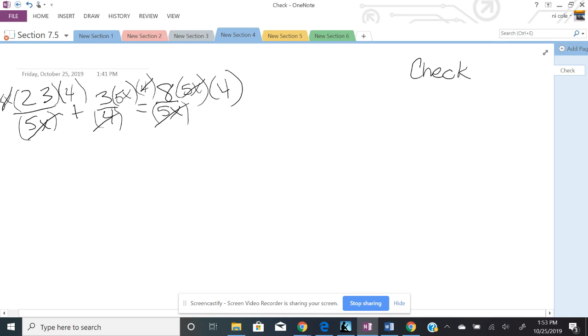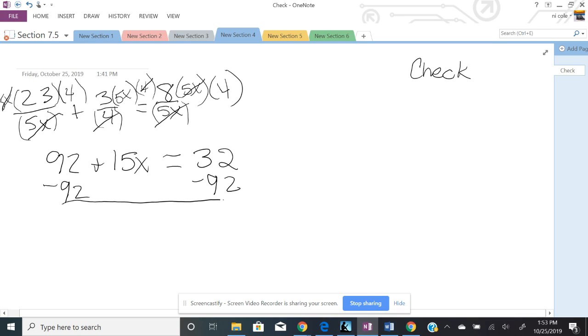So then I have 23 times 4, which is 92, plus 15x, 3 times 5x, which is equal to 8 times 4, which is 32. Subtract my 92, subtract 92. So 15x is equal to negative 60. Divide by 15, divide by 15, x is equal to negative 4.